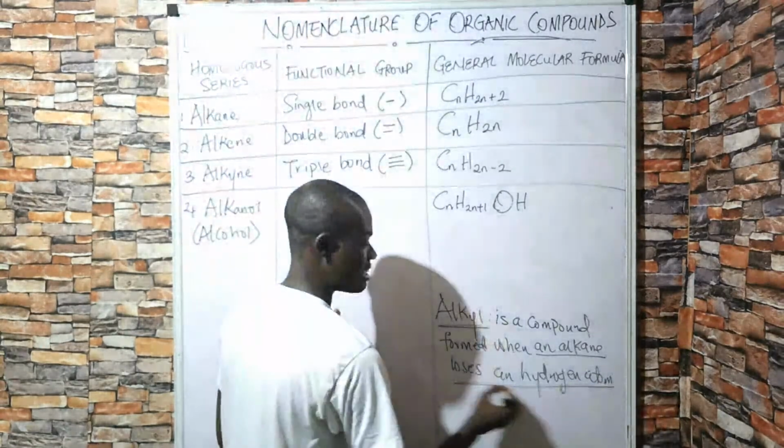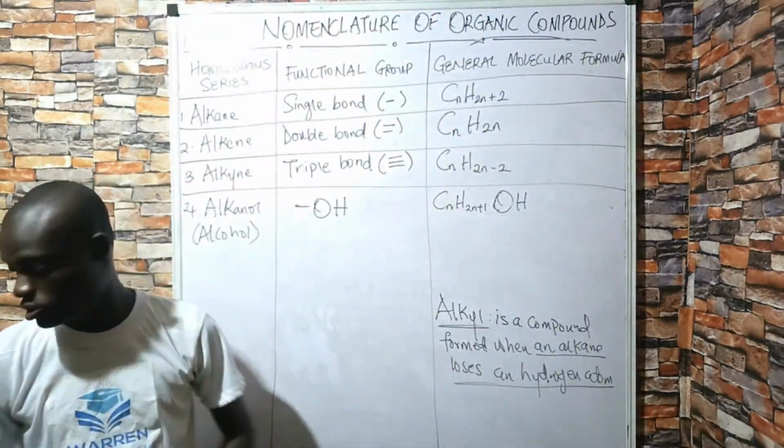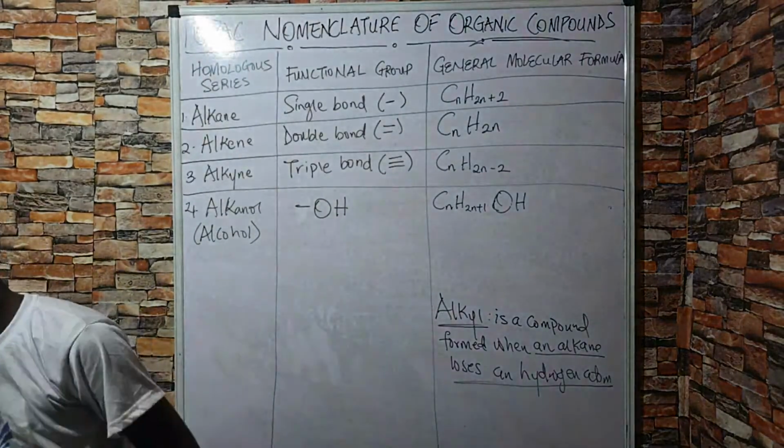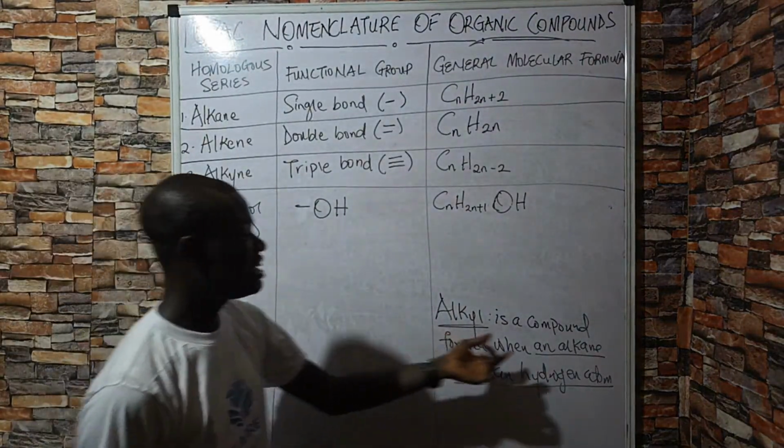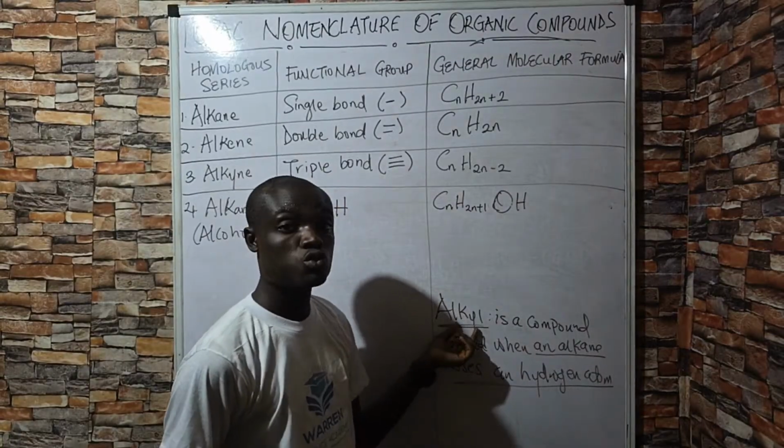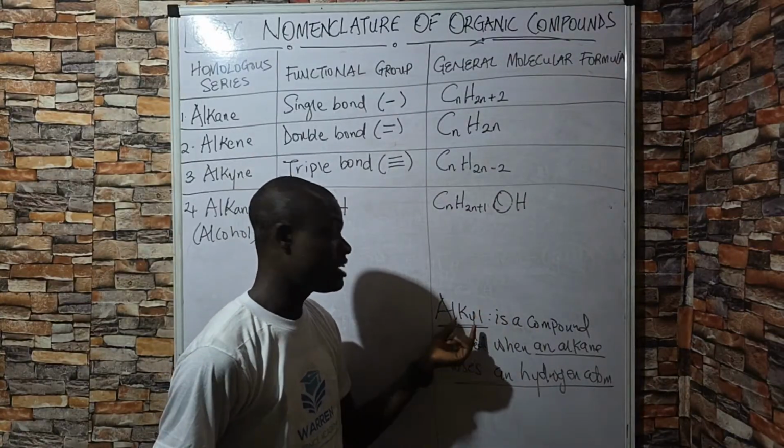So loses a hydrogen atom is our next keyword. So now when an alkane loses a hydrogen atom, we refer to that compound formed as an alkyl.